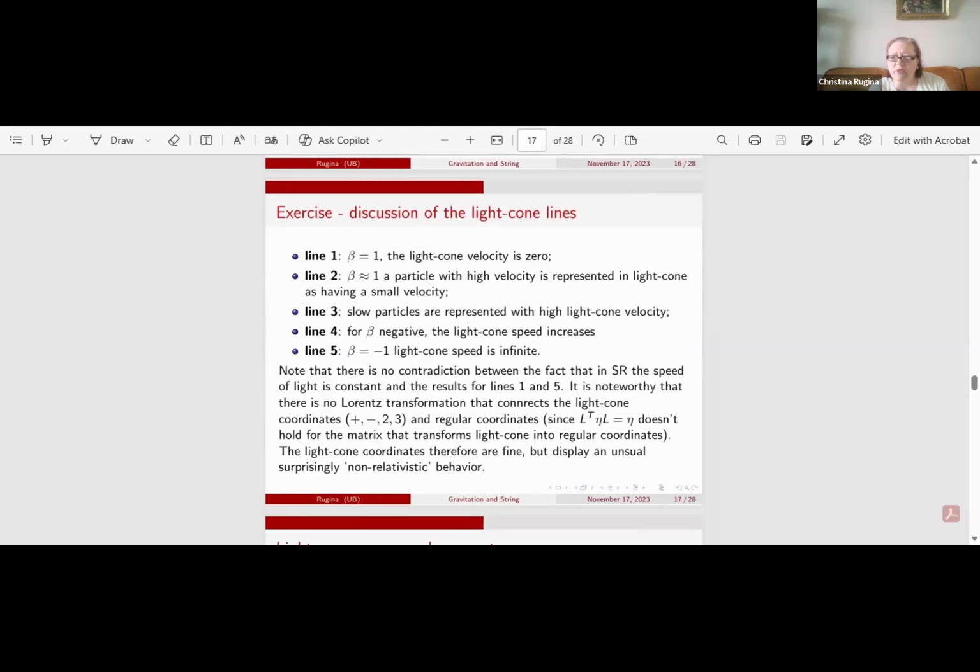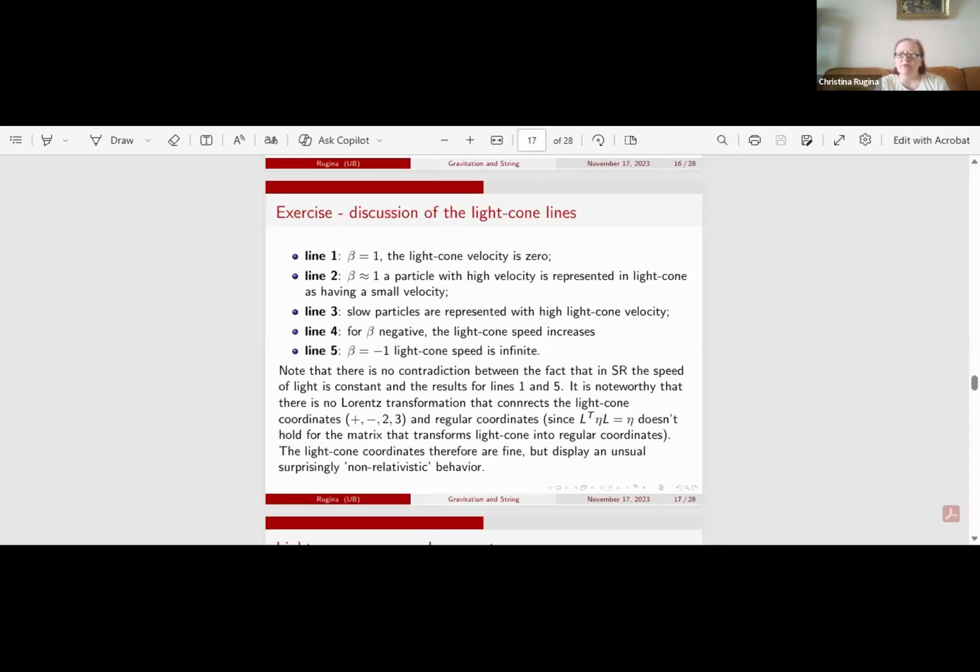It is noteworthy that there is no Lorentz transformation that connects the light cone coordinates, these ones, and the regular coordinates. So, you expect the Minkowski light cone to hold and special relativity to hold in this context, that you have a Lorentz transformation from one system of reference to the other. There is no Lorentz transformation connecting x0, x1 to x plus, x minus.